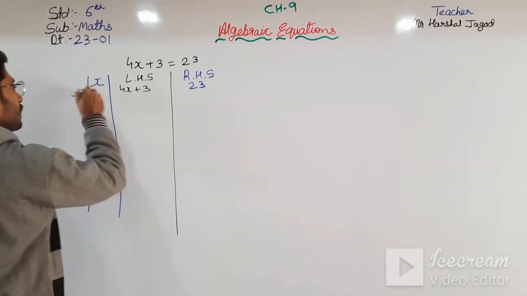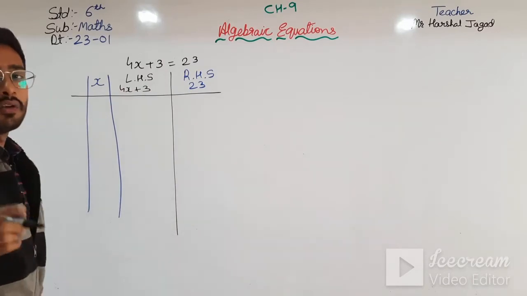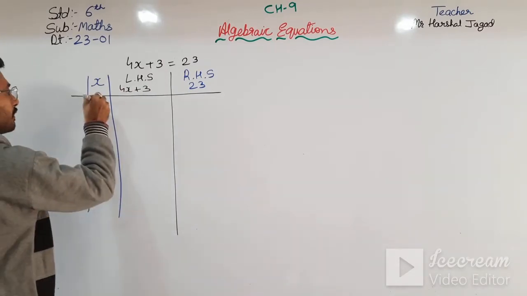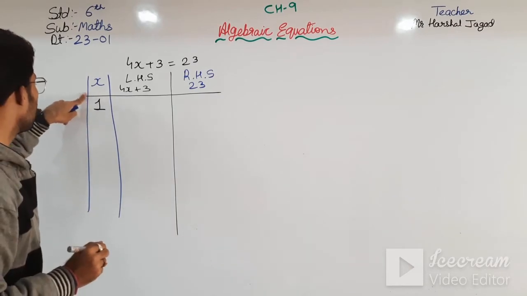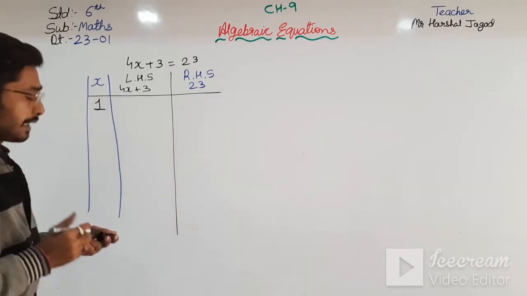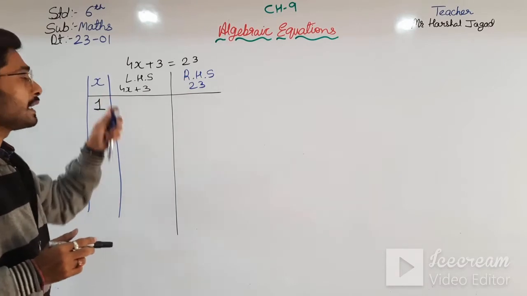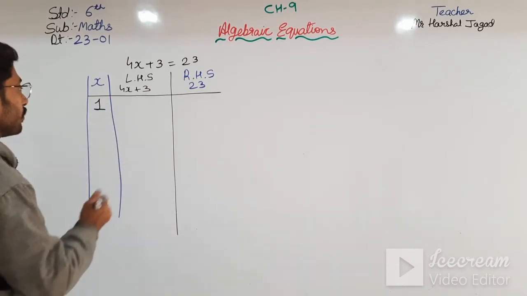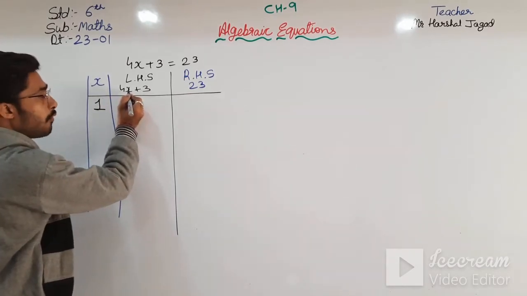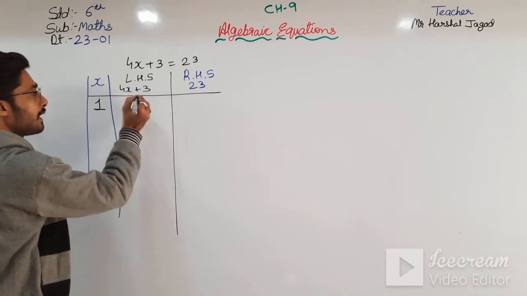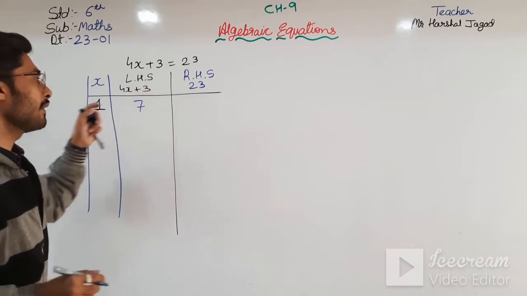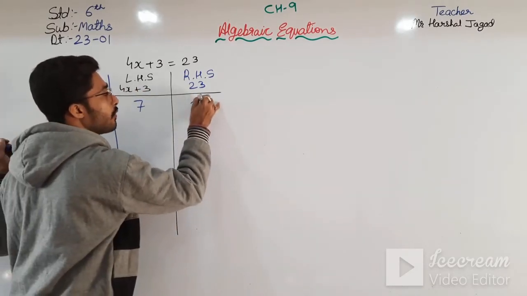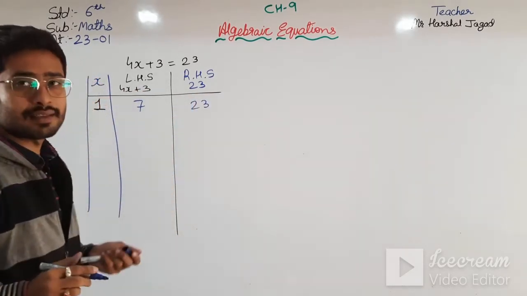If I take the value of x as 1, let us see what we get in the LHS. 4 ones are 4, 4 plus 3 is 7, and here there is no change, so we write 23 as it is.